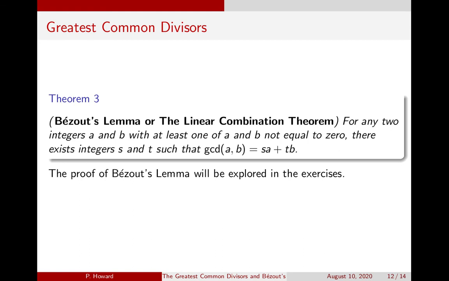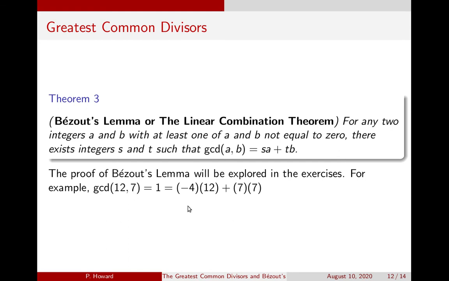Well, let's look at an example without any calculations. The greatest common divisor of 12 and 7 is 1. And according to Bezout's lemma, that means that 1 can be written as some linear combination of 12 and 7.